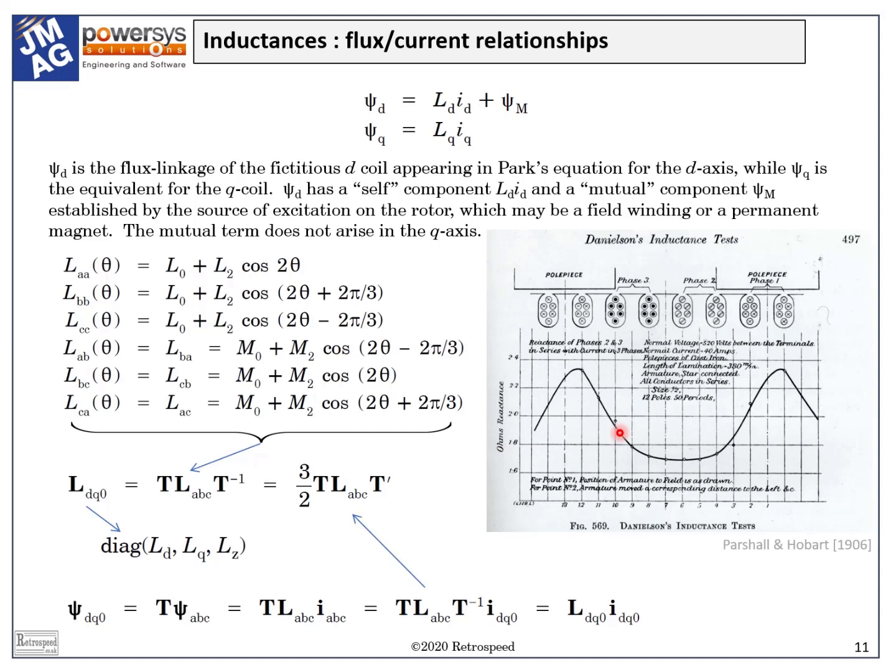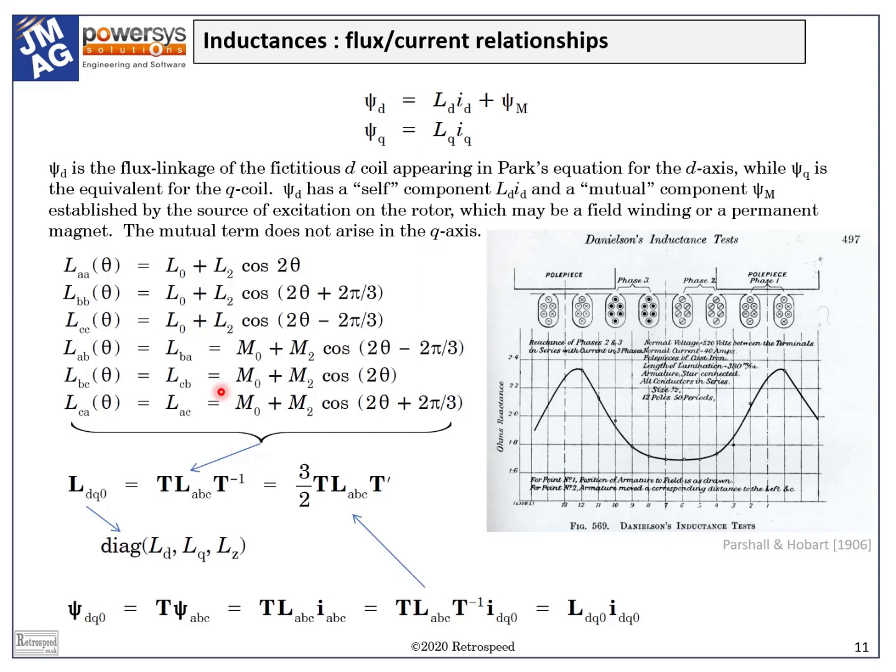These graphs show a higher harmonic content than the simple trigonometric expressions on the left, but in general it's too complicated to include higher order harmonics, and they are generally ignored. Even this is far from the complete story, because all the inductances vary with phase currents as well as rotor position.